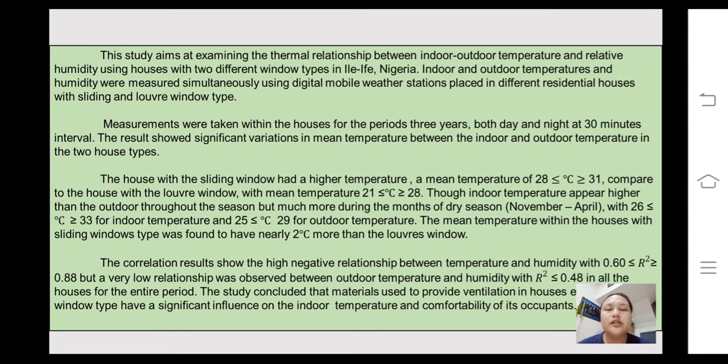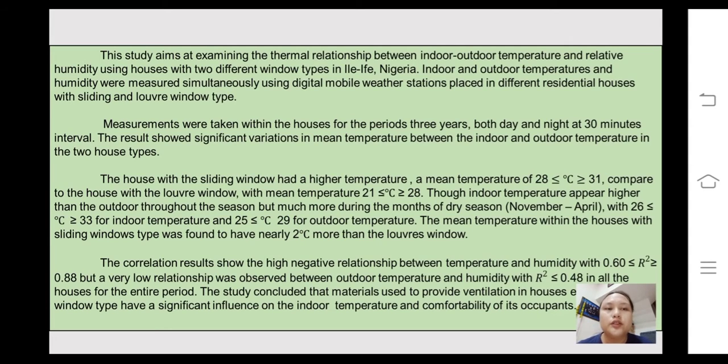The correlation results show a high negative relationship between temperature and humidity with R squared from 0.60 to 0.88, but a very low relationship was observed between outdoor temperature and humidity with R squared less than 0.48 in all the houses for the entire period.